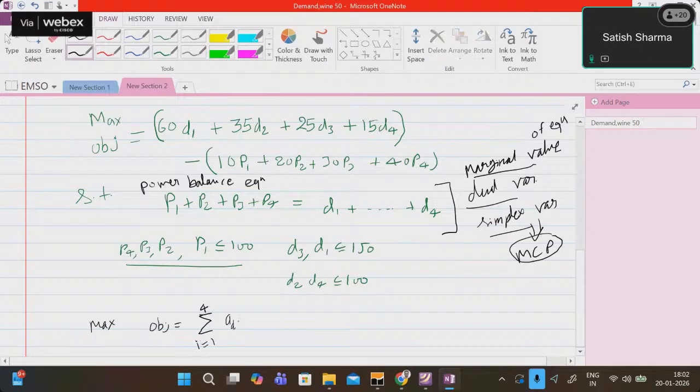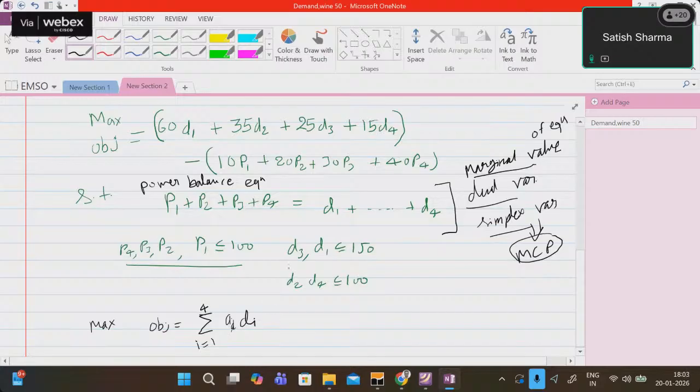I equals this. These methods are exact methods of optimization, whereas Professor Kalyanmoy Deb's book is on evolutionary optimization. I will refer some books definitely. Okay, so Ai and Di.